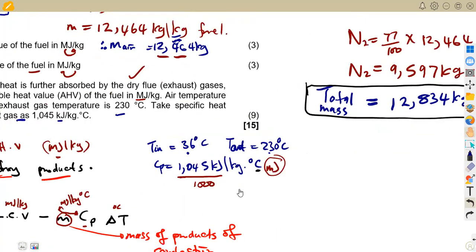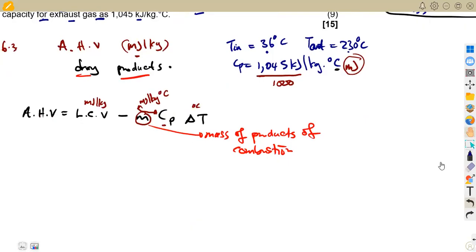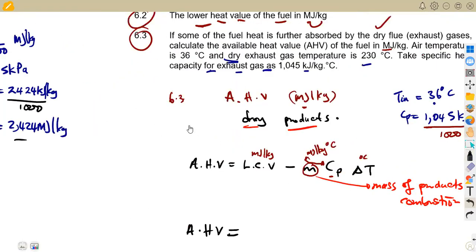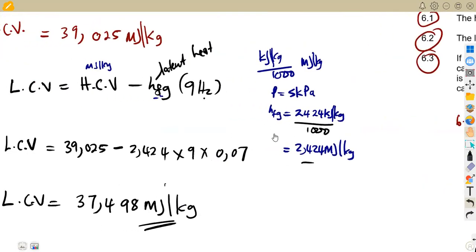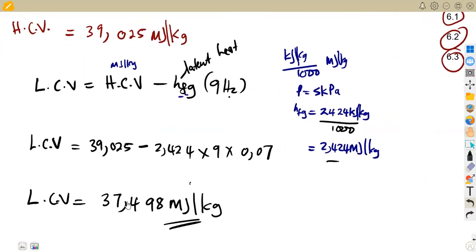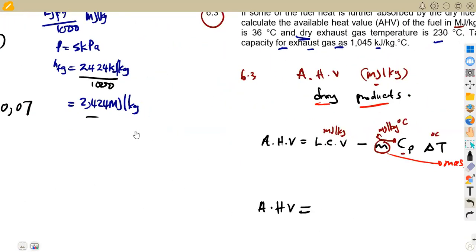So now we can substitute into our formula, because in order to have the available heat value, we need the lower heat value, which we calculated before. Remember, in megajoules, the lower calorific value was 34,498. So we're going to take that value.